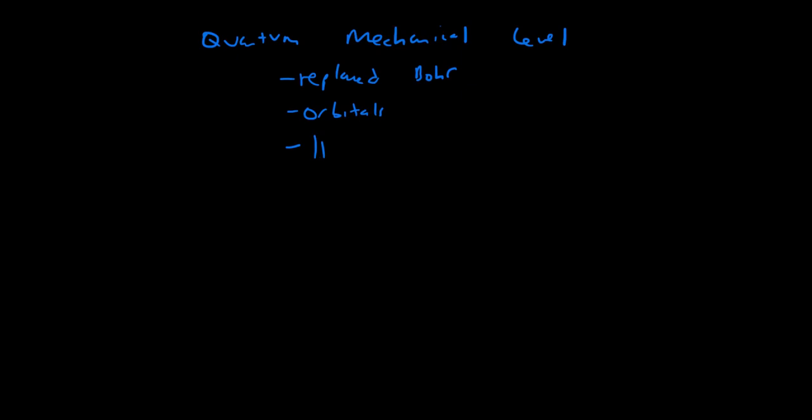And there's also the Heisenberg uncertainty principle, which says that we don't know the electron's exact position and velocity at the same time. And we can only predict the probability of finding an electron in a certain place.